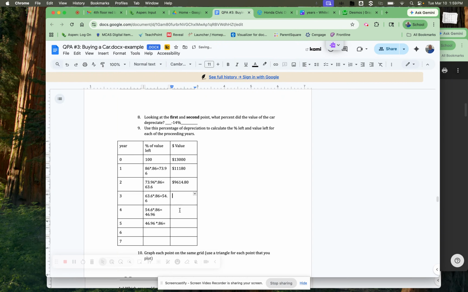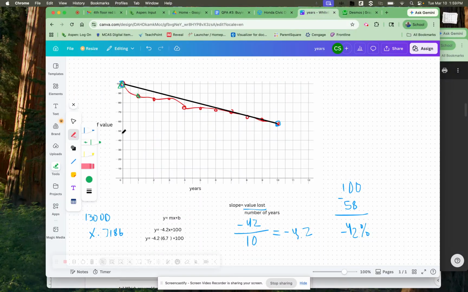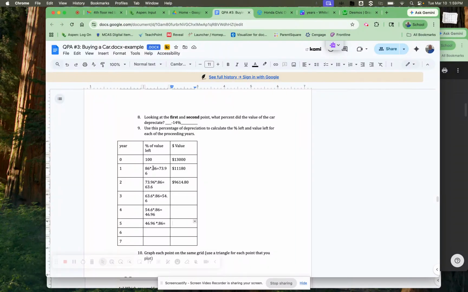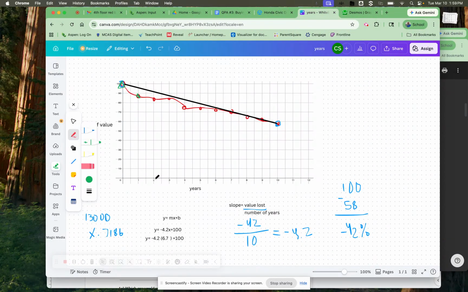I'm going to figure out how much the car is worth each year. So I'm going to take these values. After 1 year, it's worth 11,180, which is 86%. I already have that. After 2 years, it's worth 74%, which is right about here.